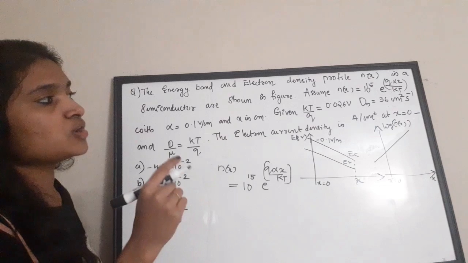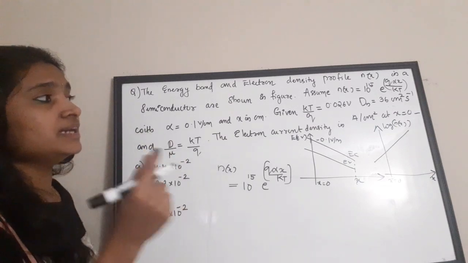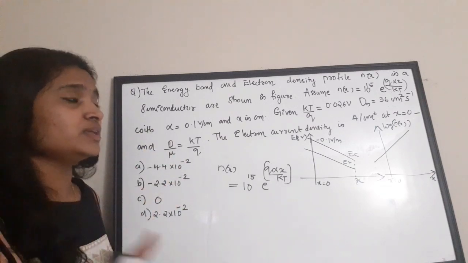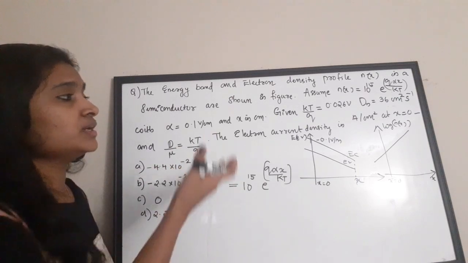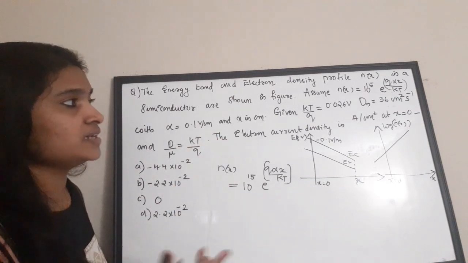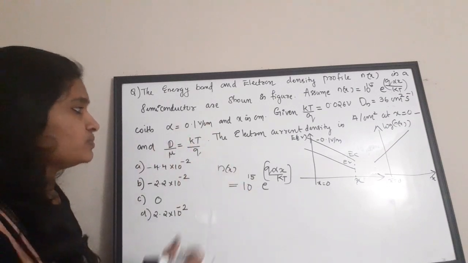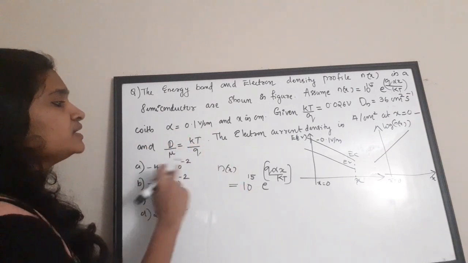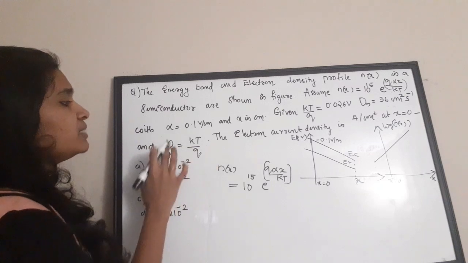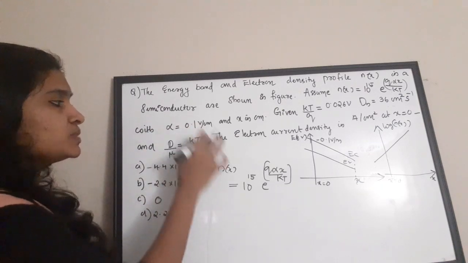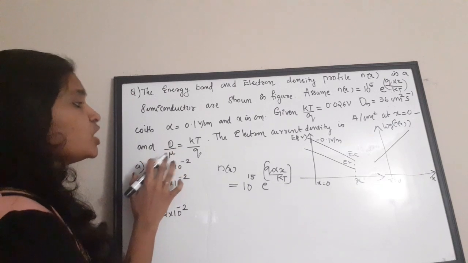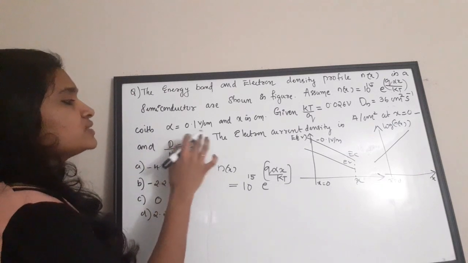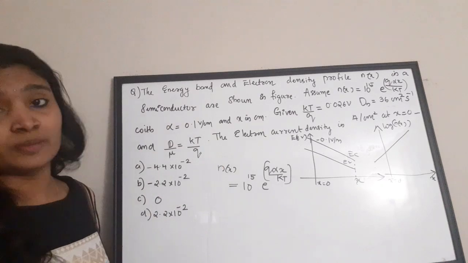Also, diffusion constants Dn and Dp, as we discussed in the formula video, are the diffusion constants for electron and hole. Dn is given as 36 centimeter square second raised to -1, and it is also given that D by mu is equal to kT by q. This is one important relation we have also discussed: diffusion constant by mobility is equal to kT by q, the thermal voltage.